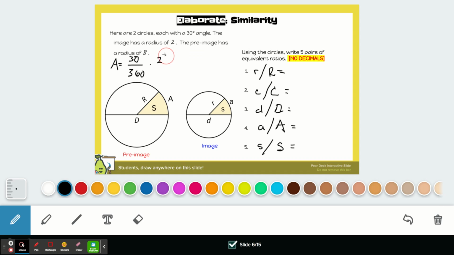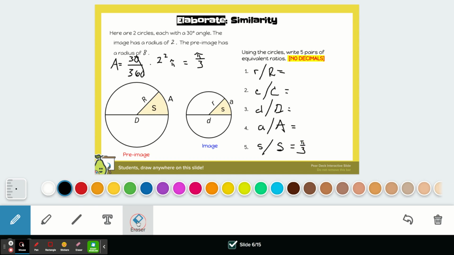So we got 2 squared pi, right? That's going to give us 30 over 360. That's 3 divided by 36 times 4. So 4 times 3 will give us 12. 12 divided by 36 will give me pi over 3, right? Because 12 goes into 36 3 times, right? So for my little s, it would be pi over 3.